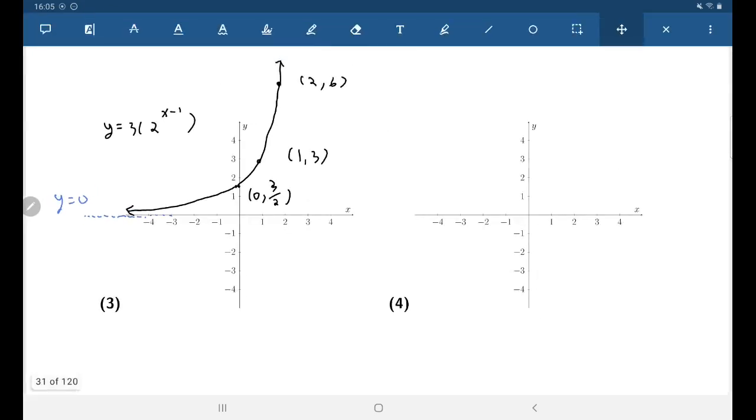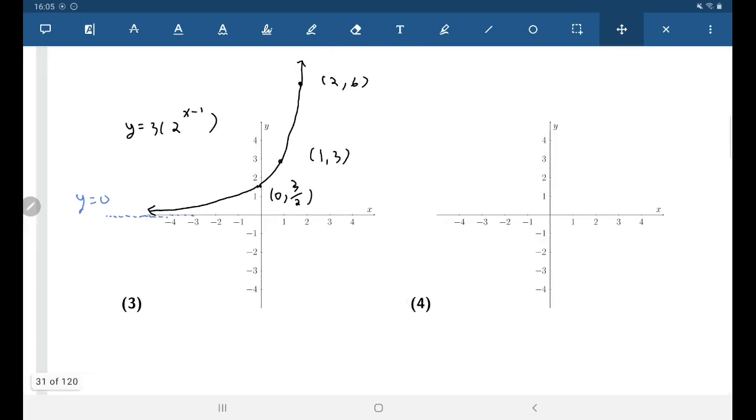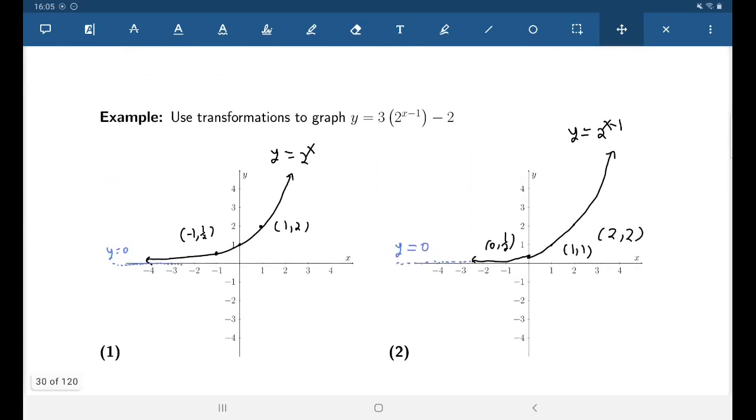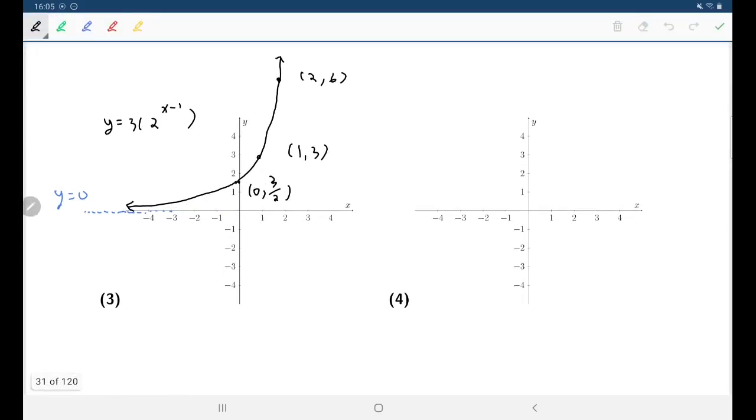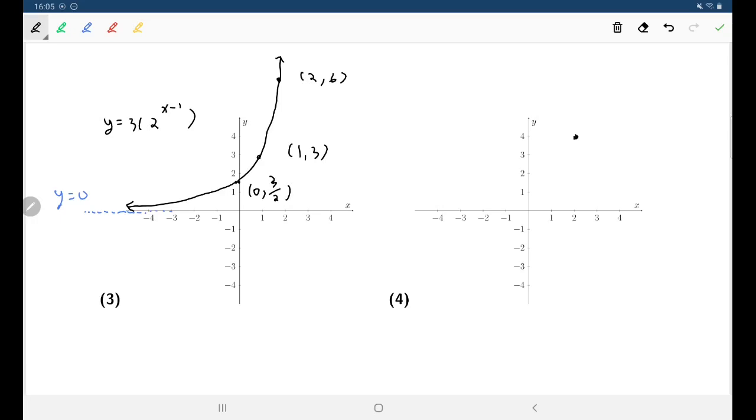And the last thing that we needed to do for our last transformation was a shift downwards by 2. That's the minus 2 at the very end. So we're subtracting 2 from every y value that we have. So the point 2, 6 shifts downward to the point 2, 4. 1, 3 shifts downward to the point 1, 1.